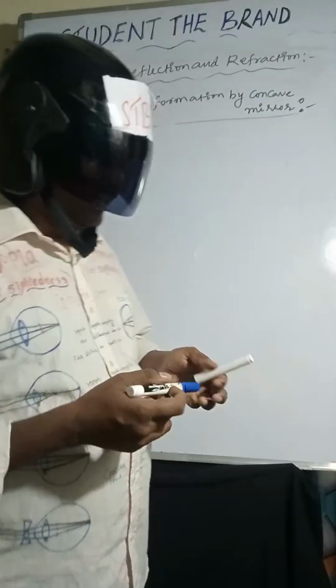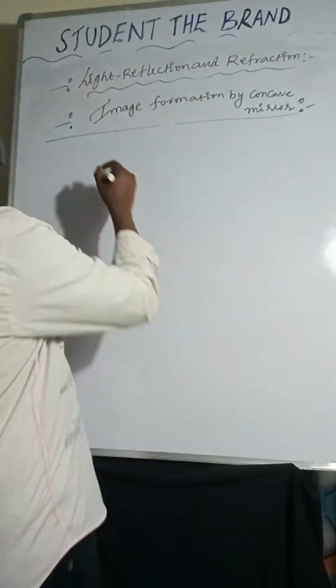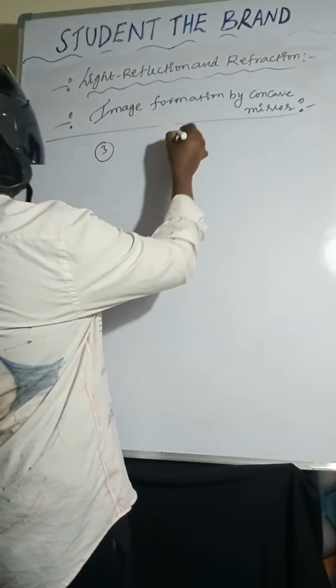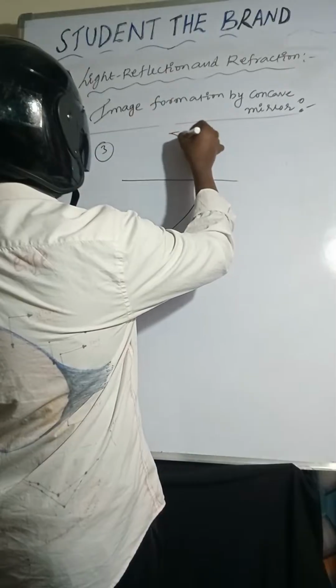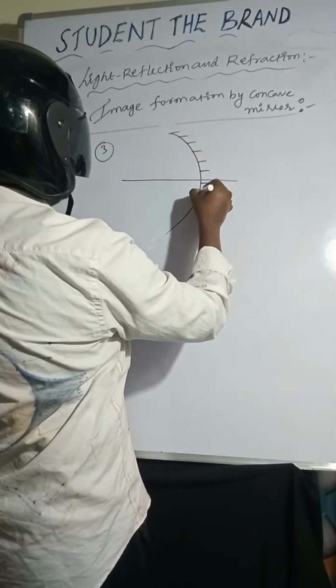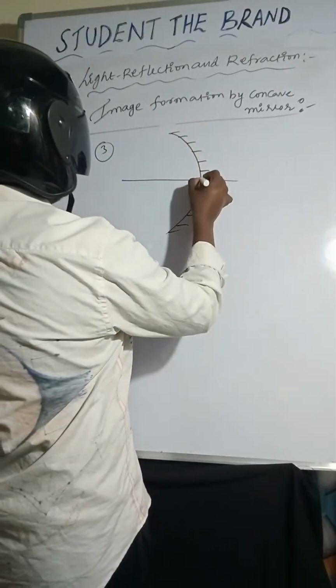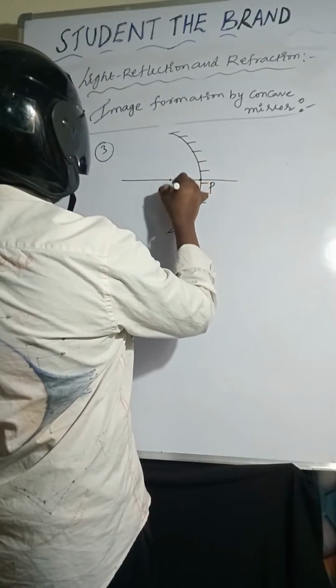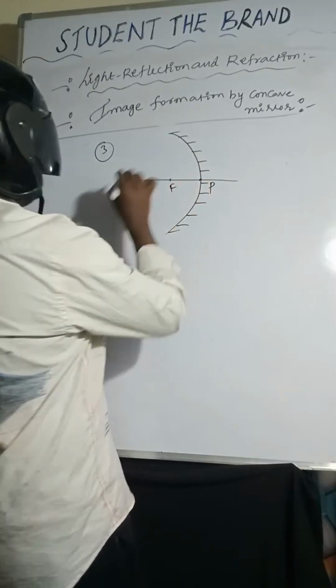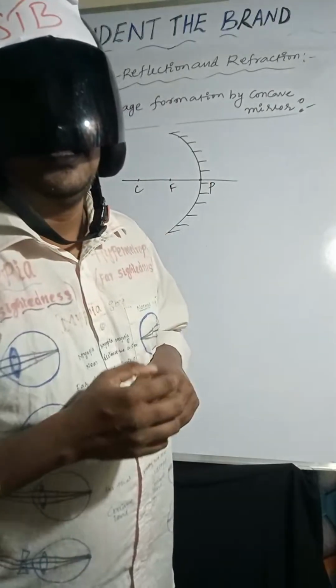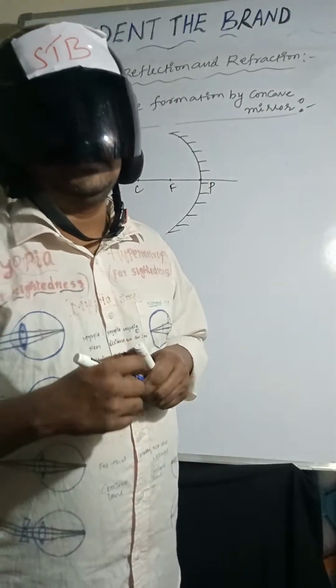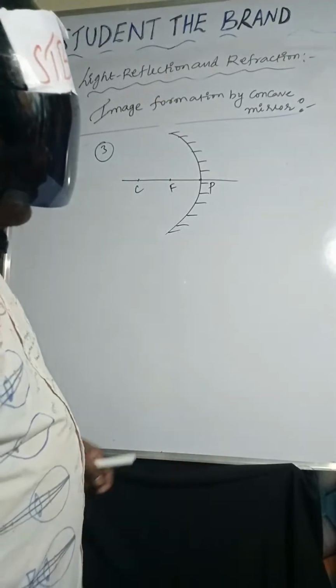Third case. So object is placed at C. This is the pole, focus, center of curvature. Image also will form at C itself.